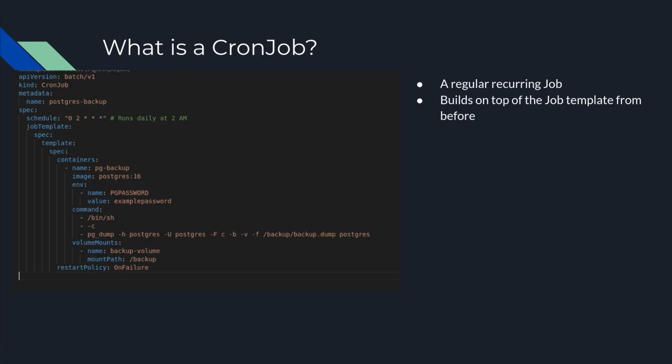So we'll have a cron job, which builds on top of the job I just showed you, but then just adds a schedule to it, in the normal cron syntax. In this case, daily at 2 a.m. Just a simple Postgres dump.